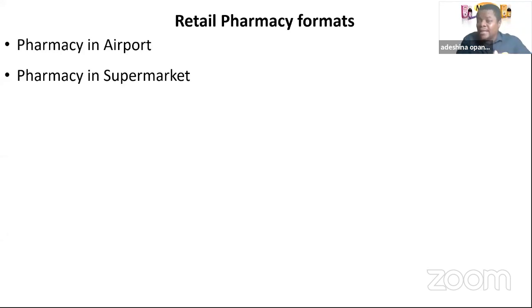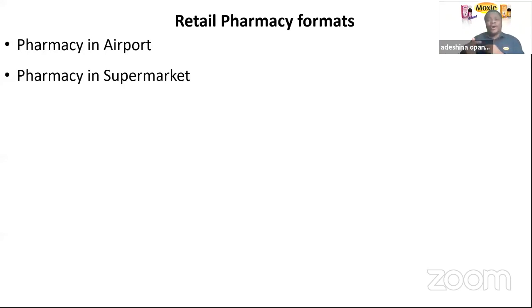Large supermarkets and hypermarkets actually seek out pharmacies to come into their business, because in this way, the pharmacy tends to serve as an anchor tenant. What does that mean? Pharmacy naturally attracts footfall. So when you put your pharmacy in a supermarket, it is because the supermarket owner knows that when people know there's a pharmacy there, it will attract footfall.